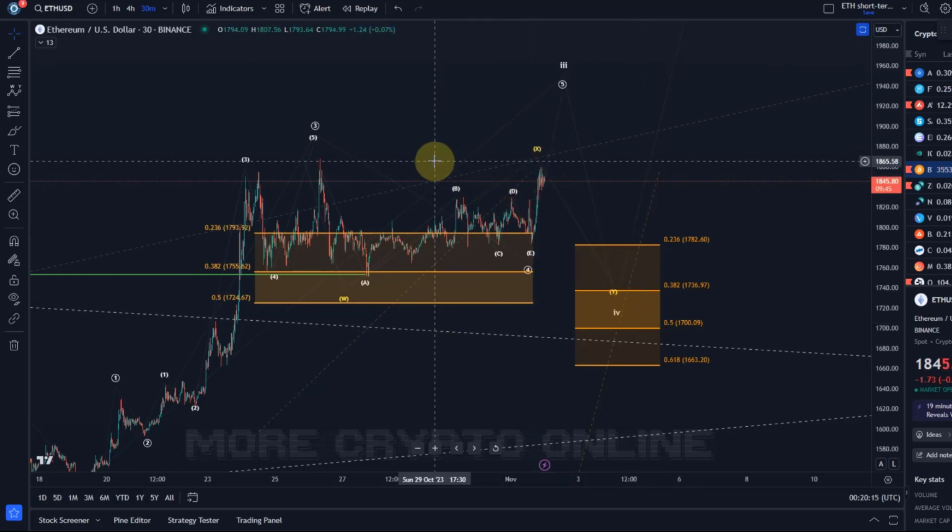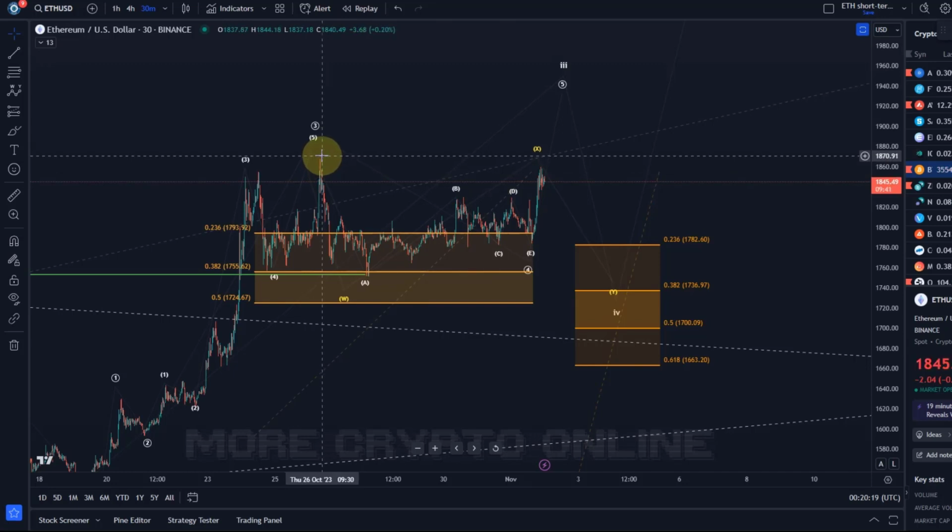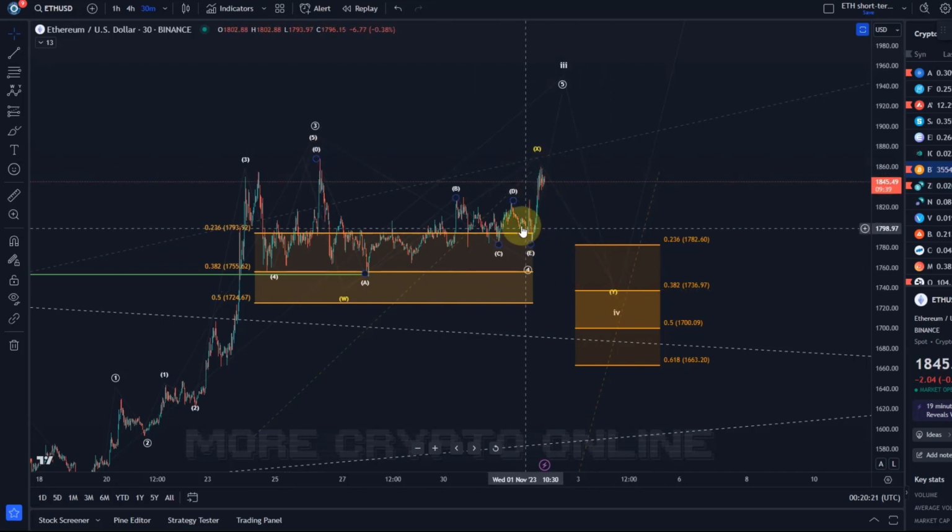This still has to be considered until we break above the high that was made on the 26th of October. But let's see. At the moment, as long as the intraday low is holding, which was here at 1781, 1782, I think the focus can be on higher. Focus can be on a potential triangle breakout, but it would need to continue to follow through to the upside now to give us further evidence.